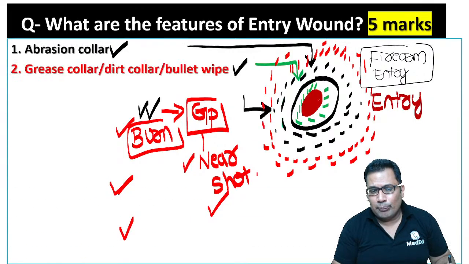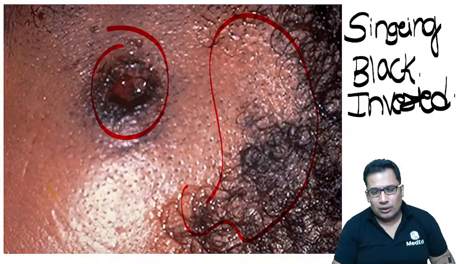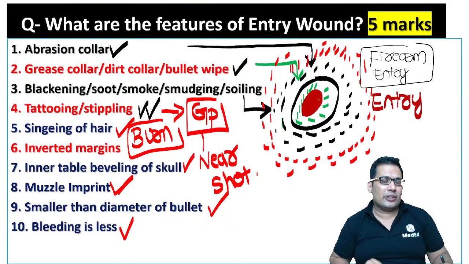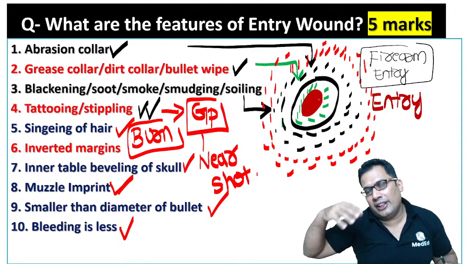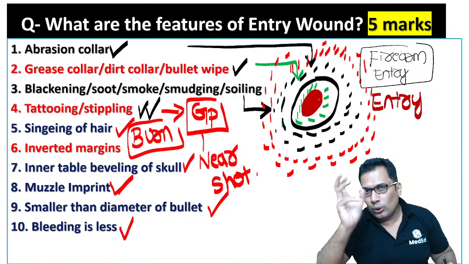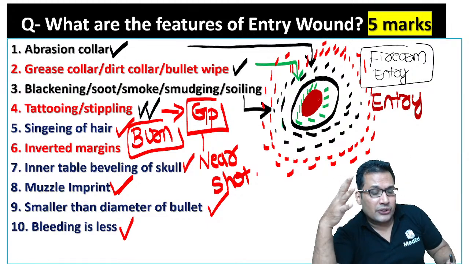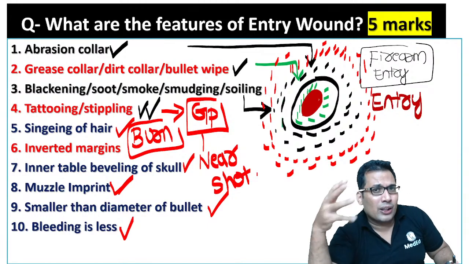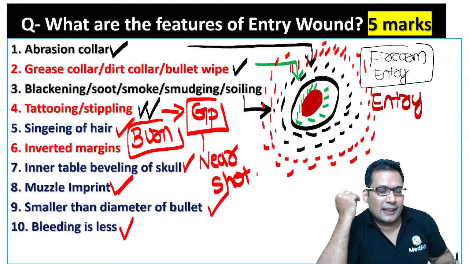Then a very important topic, features of entry wound, which we discussed with a nice diagram and pictures. Then we discussed heat hematoma, rule of 9, and classification of mechanical injuries. Some 10 important Farre questions that can come in your university exam.